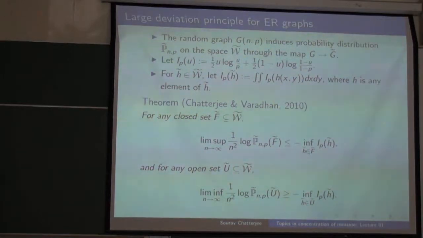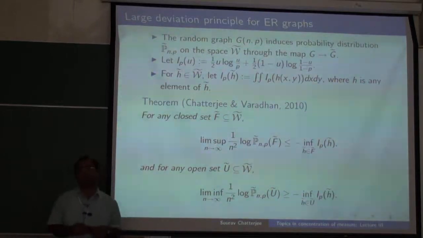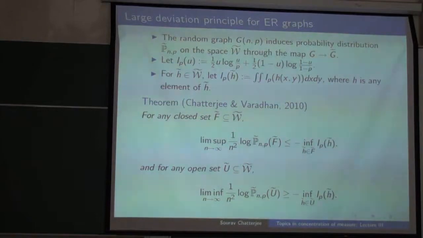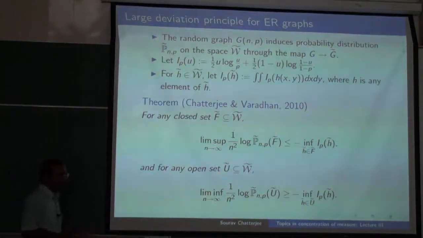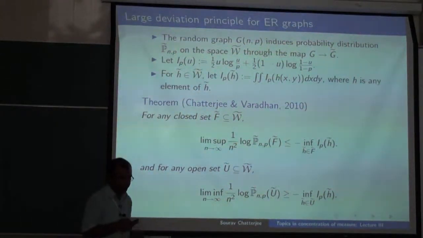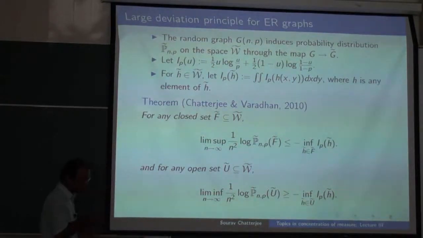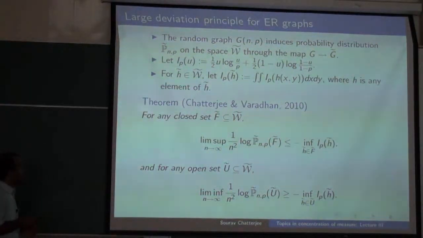Then you have to go deeper into the properties of this cut metric, what is continuous and what is not. As I said, there is this long survey article by Austin and Tao where they discuss what is continuous and what is not with respect to this metric. And there are other papers by Lovász and co-authors also. So it's an active area; they're trying to figure out as much as they can. Okay, other questions?